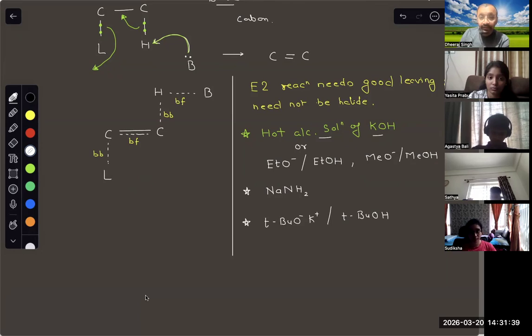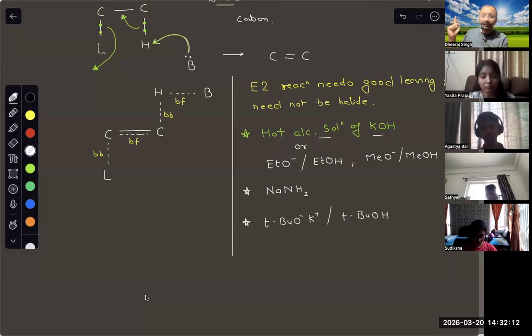How will you recognize whether bimolecular substitution will happen or bimolecular elimination will happen? How will you know? Looking at the reaction. I told you already. Here you need a base and a good leaving group. There also everything was that way only. But the one thing that you'll see is heat. In all elimination reactions, heat favors the higher entropy, and elimination will go on.